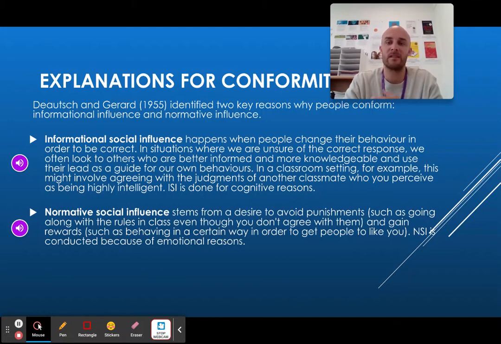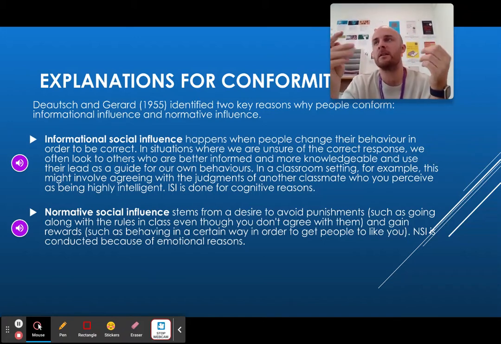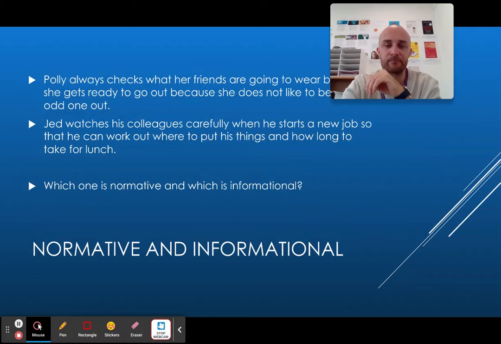So I did this because of emotional reasons. That one's quite easy. I didn't copy the lads and go out because I thought they were right. I thought that was the right thing to do. I copied them because I didn't want disapproval. So generally speaking, we change our behavior for one of these two reasons.